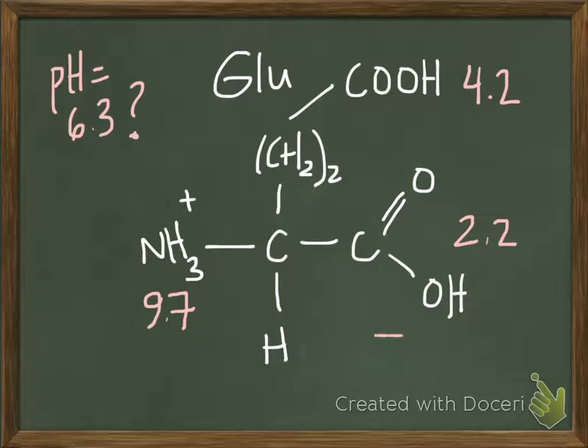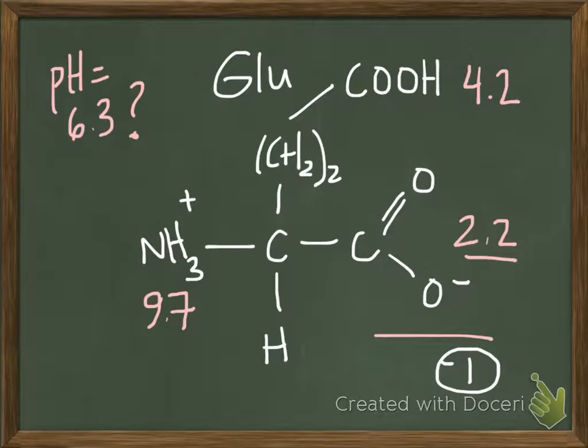So looking at this carboxyl group first, because its pKa is 2.2, by the time that this molecule reaches 6.3, this group would be completely deprotonated. So there'd be a -1 charge if you were calculating the overall charge of this molecule.